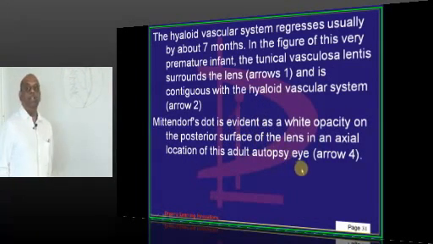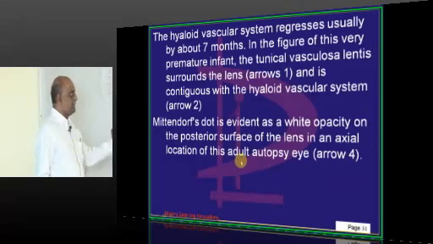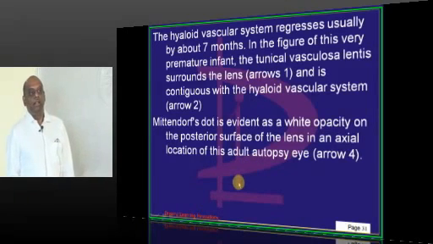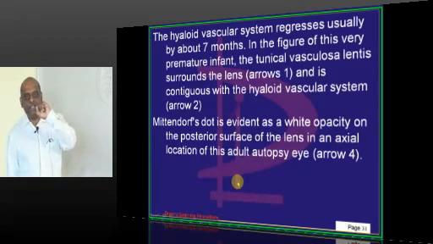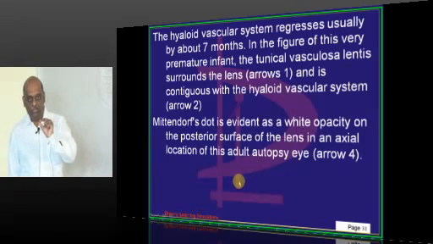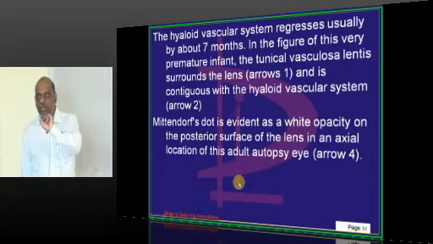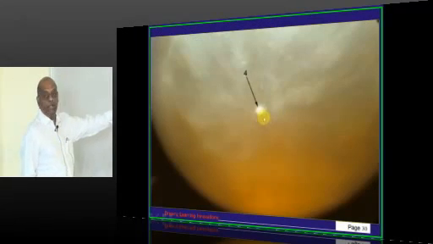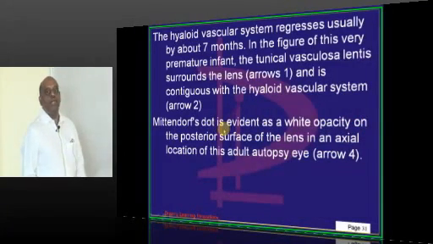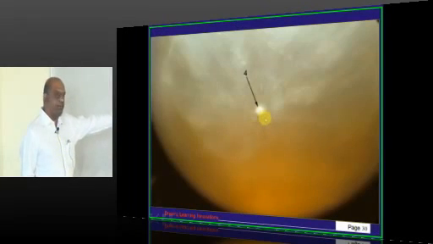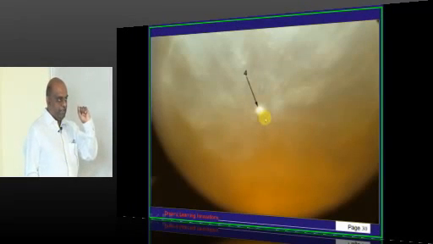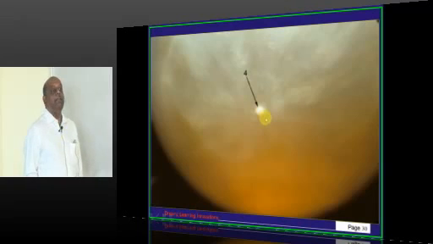Sometimes on the posterior surface of the lens, there may be a remnant of this hyaloid artery, which may be left over like a speck, and that is called Mittendorf's dot, is the name given for that speck of the hyaloid vessel in the back of the lens, posterior aspect of the lens.